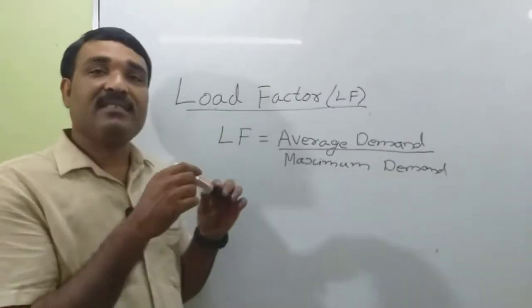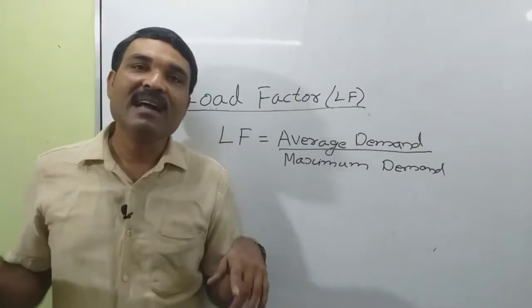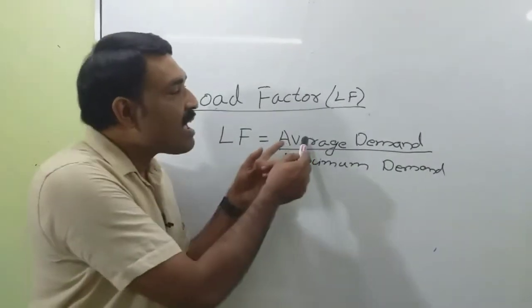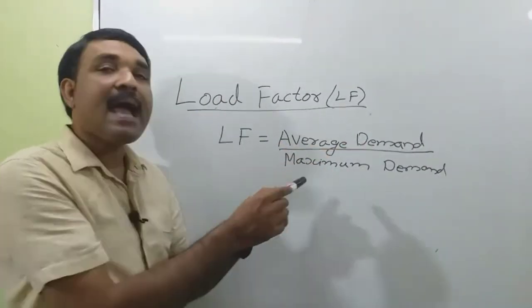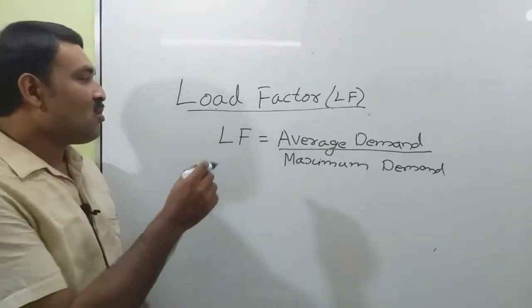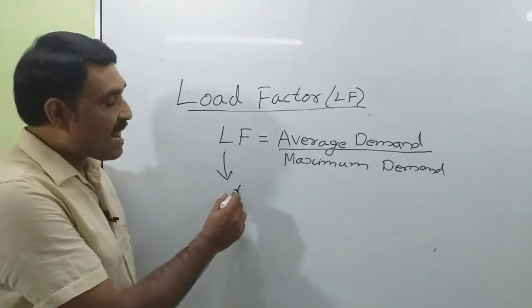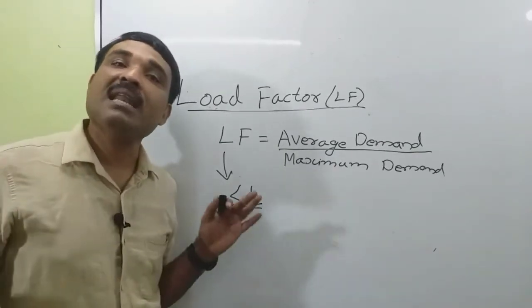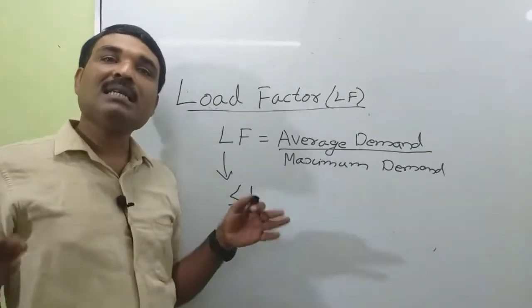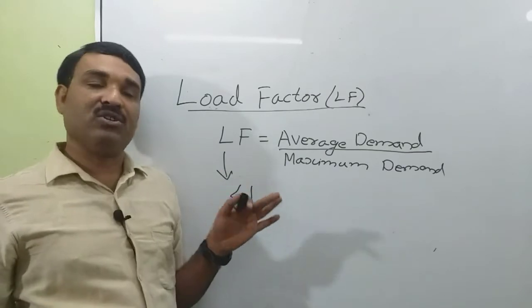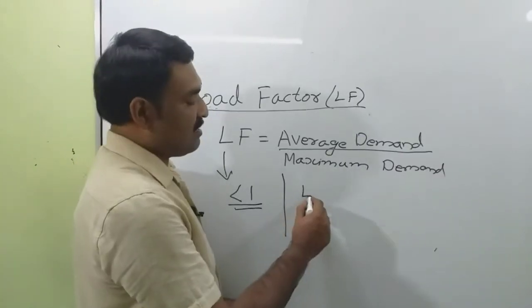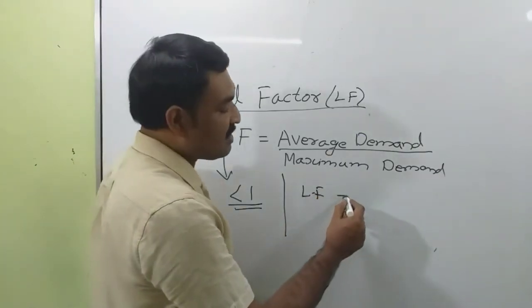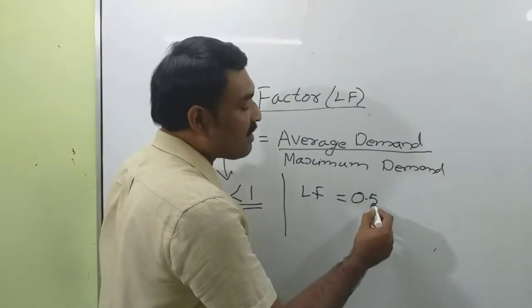First is load factor. Load factor is defined as the ratio of average load demand to maximum load demand. So its value is always less than 1, since average demand is always less than maximum demand. Then what are the advantages of load factor? Suppose the load factor of a particular power system is equal to 0.5.